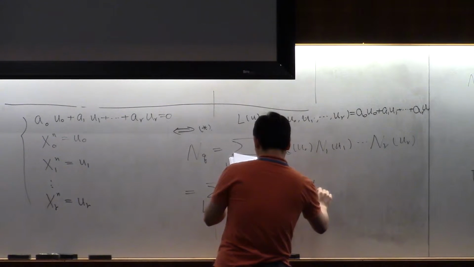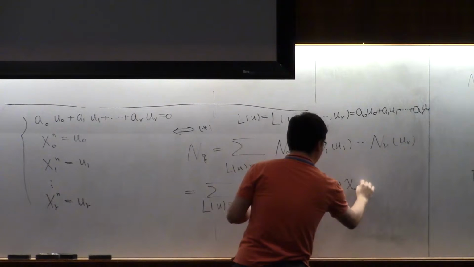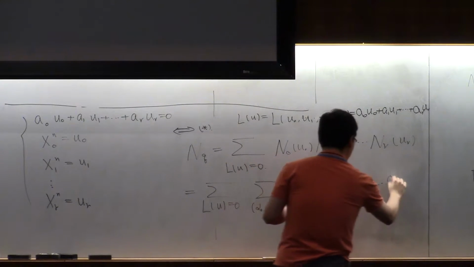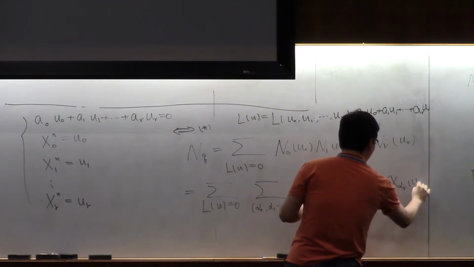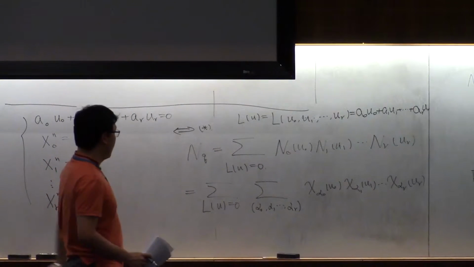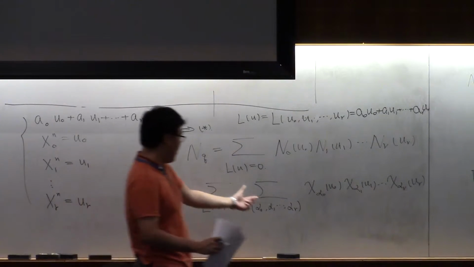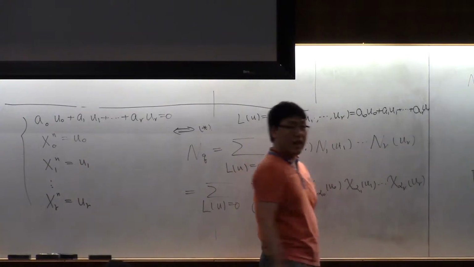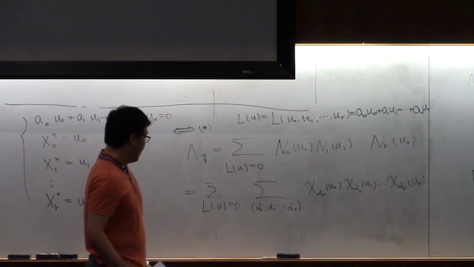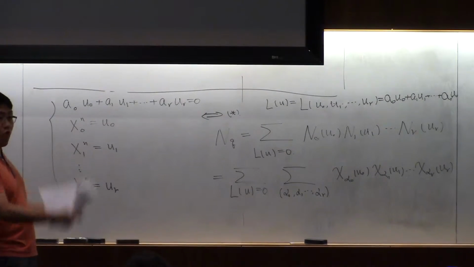Then we have chi alpha 0 of u0, chi alpha 1 of u1, chi alpha r of ur. So the number of solutions of the original homogeneous polynomial becomes the sum of the product of these characters. So it seems we make the number more and more complicated.